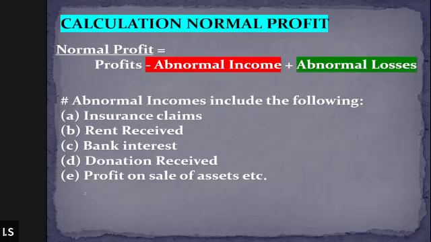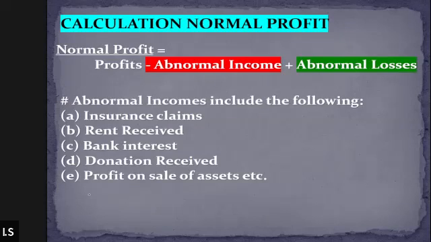I'm sure that all of you are very well aware that we need to find out the value of the normal profit so as to determine the value of the average profit. By adding all the normal profits of particular years, we find out the average profit for the last 3 years or 4 years or 5 years.